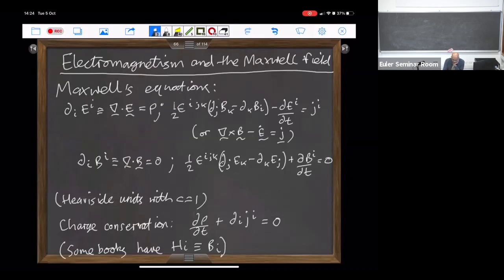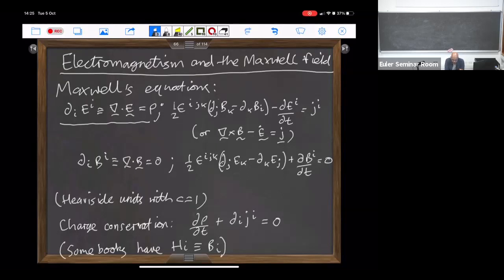So the first equation tells us that the divergence, so remember that Maxwell's equations depend on an electric field and a magnetic field, E_i and B_i, and they're both three-dimensional vector fields in space, so they have three components.